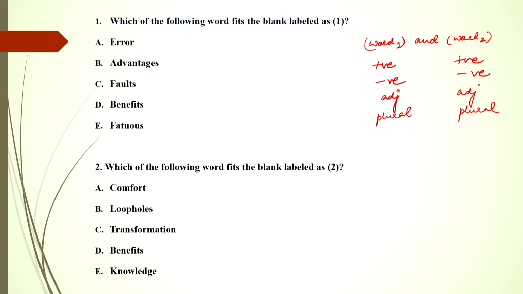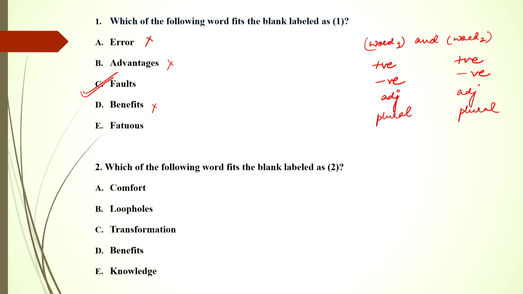Option A is singular, hence it is ruled out. Now option B and D both are positive words, hence they are also ruled out. Now option C is both plural and a negative word, hence it is the correct option because it's satisfying both the conditions.